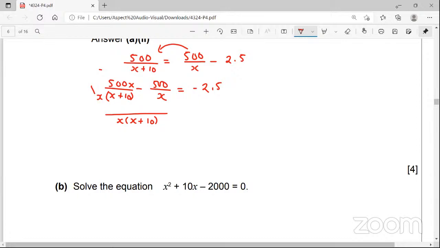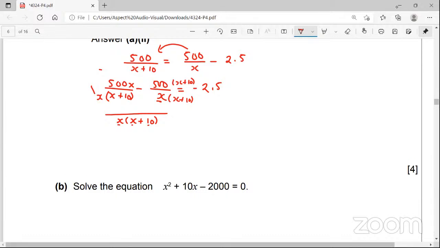Are we together? And here I have x, but down here I have x into x plus 10. So what is missing there? x plus 10. So I'll multiply this by x plus 10. What I do to the denominator, I must also do to my numerator. Are we together? We are fine. Okay.